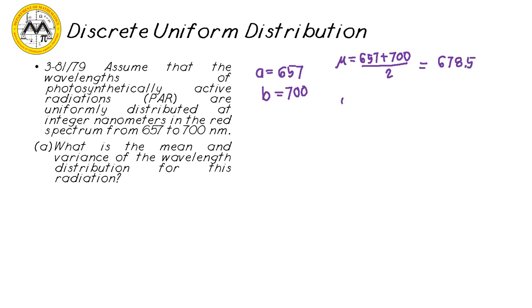While for the variance, it would be 700 minus 657 plus 1 squared minus 1 all over 12.